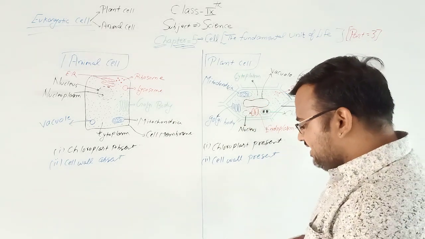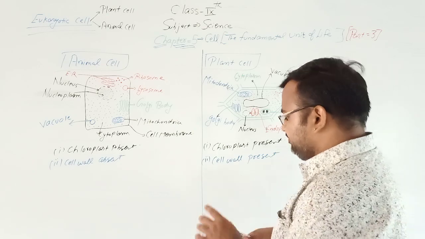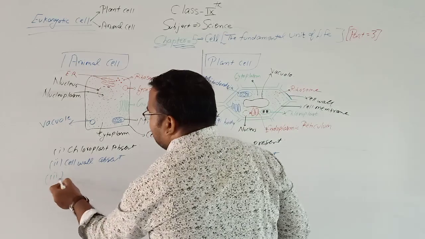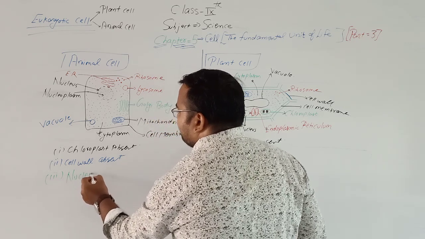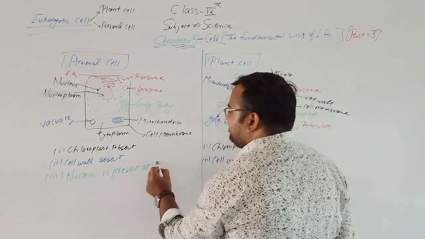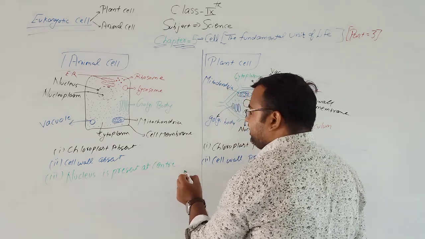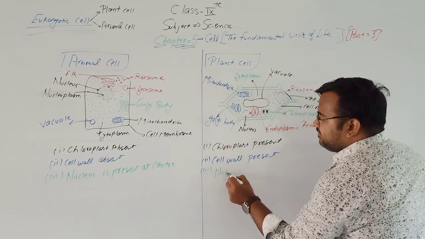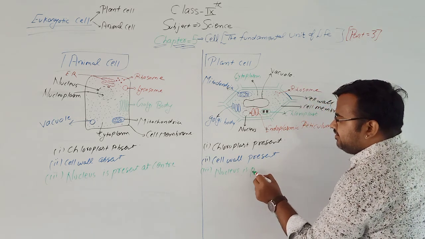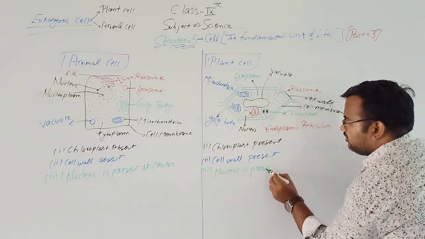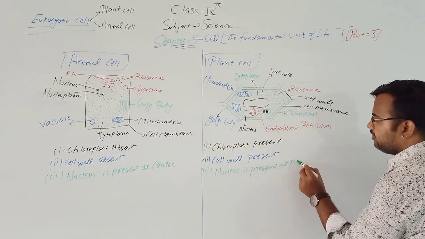So first we will write here in animal cell, the nucleus is present at the center, and here the third point would be nucleus is present at periphery.